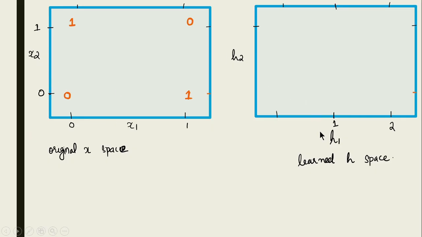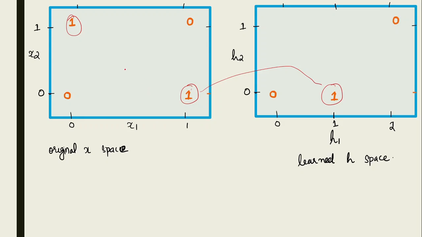When we transform it into H space, instead of x1 and x2, we find h1 and h2 in the hidden layer. These two points, that is x1 equal to 0 and x2 equal to 1, and x1 equal to 1 and x2 equal to 0, are merged into a single point in this H space.